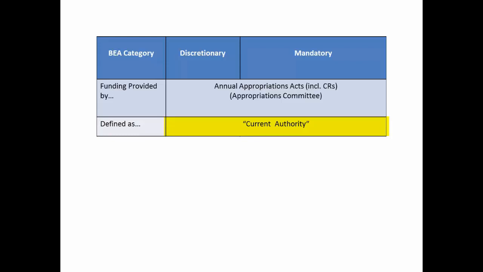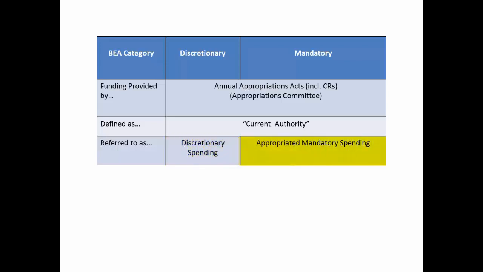Another way to distinguish this funding is to refer to the discretionary funding as discretionary spending and the mandatory funding as appropriated mandatory spending. Some programs in this category, like Medicaid, are referred to as appropriated entitlements.